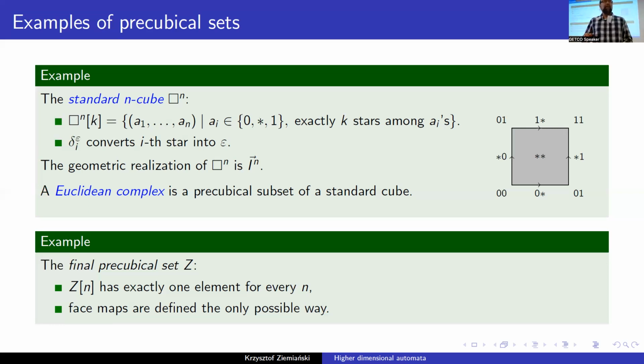So it's something that cannot be easily embedded in any three-dimensional space. And then we go to infinity. It's a very simple object because it has only one cell in every dimension. Face maps are defined in the only possible way. It's a final object in the categorical sense, but it's hard to see what's going on in geometry.